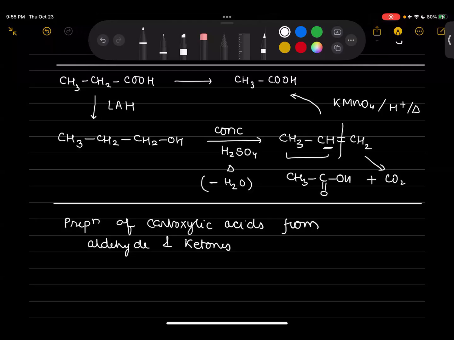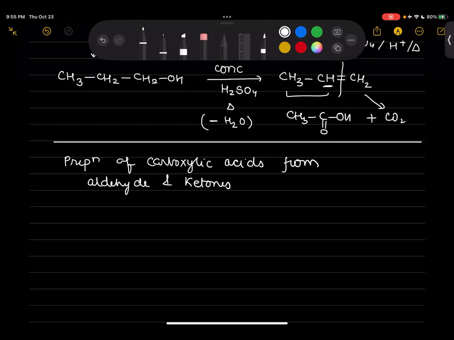Preparation of carboxylic acid from aldehyde and ketone. For aldehydes it is very easy. So how can aldehydes be oxidized to carboxylic acid?